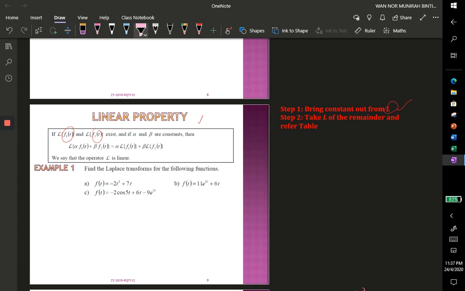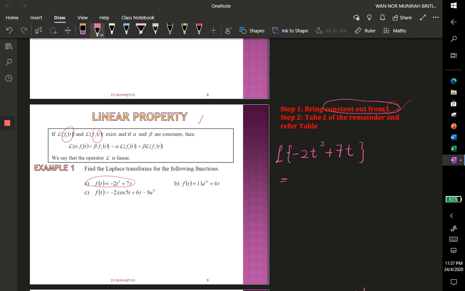So what does it mean? For example, question A: if you have to take the Laplace transform of negative 2t cubed plus 7t, you can simply refer to your table of Laplace transform. It means you need to bring the constant out from the Laplace operator.